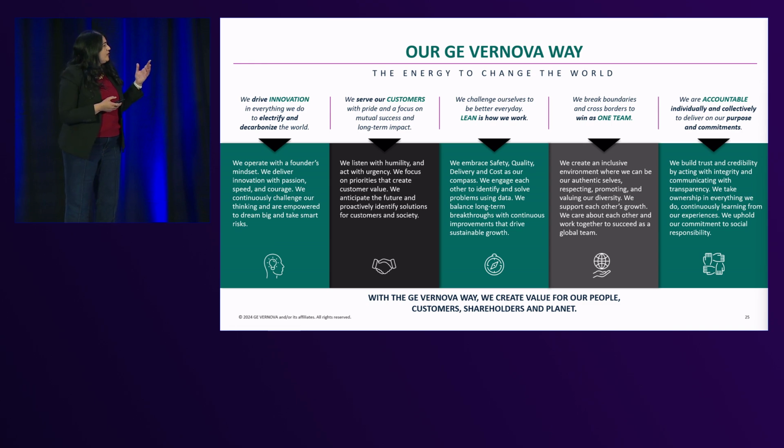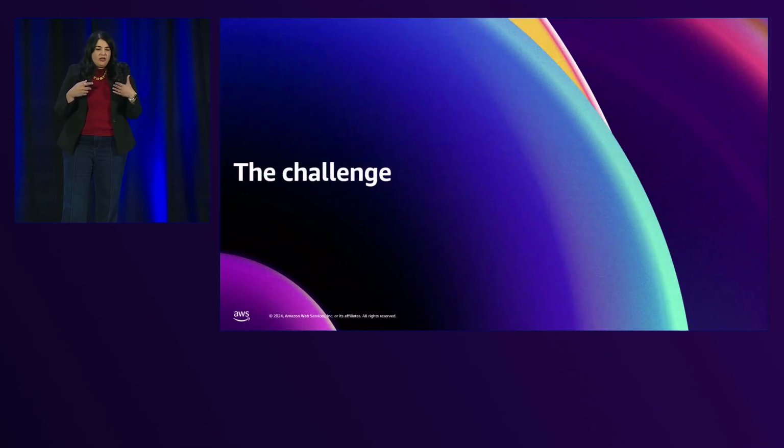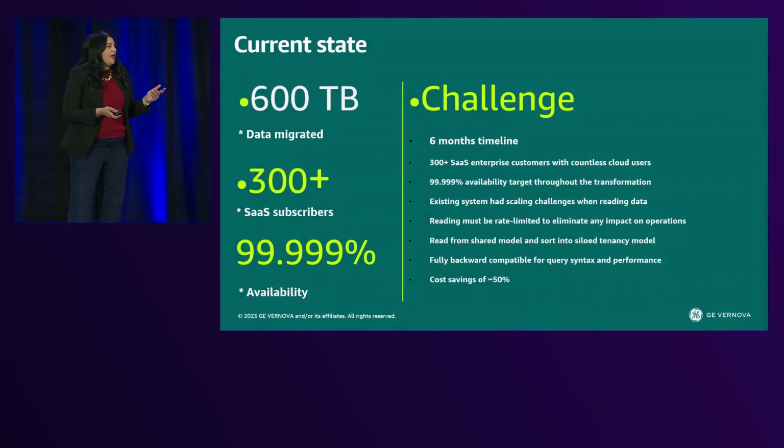So as we are going through various large-scale transformations, one of them in my small world was a software transformation. Let's learn a little bit about what that challenge was. This particular challenge that Steve mentioned momentarily was moving 600 terabytes of data. That doesn't seem like that much data.